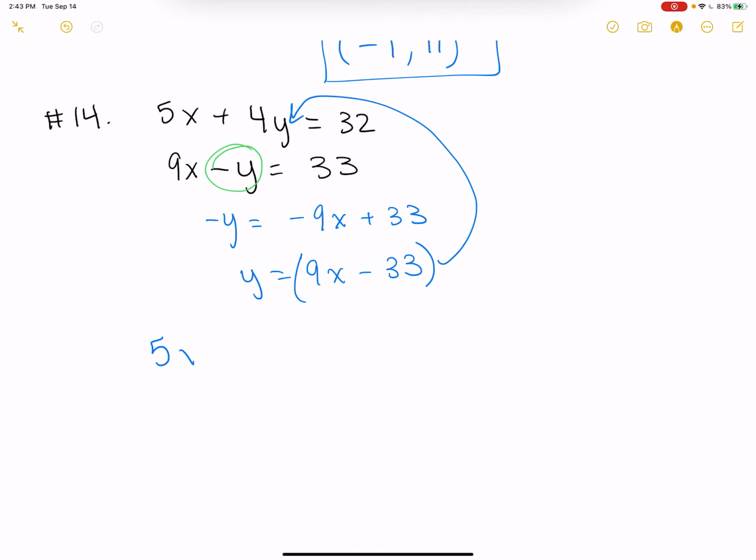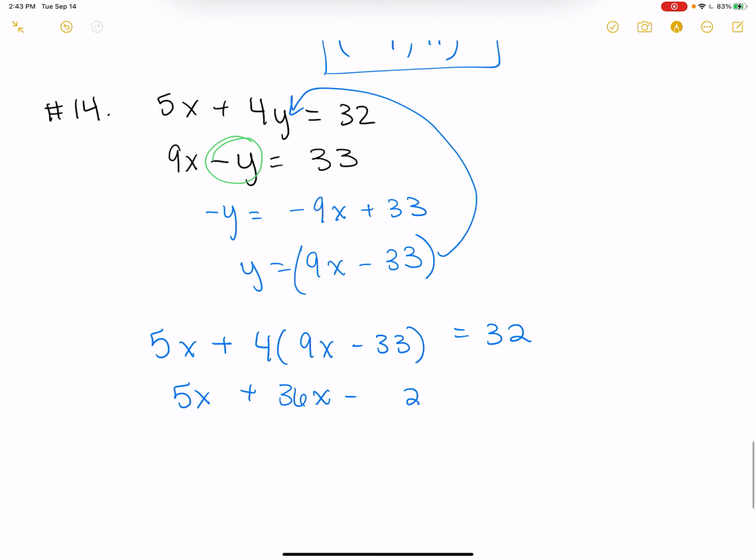So now, 5x plus 4 times 9x minus 33 is equal to 32. So 5x plus 4 times 9 is 36x. 4 times 33 is, let's see, 132. Something like that, I think. We're going to go with it.